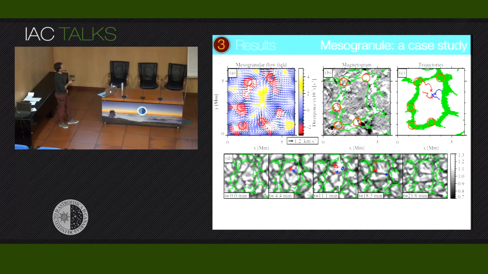This granule shows a darkening in the interior, and after some time, we see that it fragments into many different granules. So these fragments are moving towards the boundaries of the mesogranular lanes. And when we use local correlation tracking, we are tracking the proper motion of these granules. And it's why we observe these positive divergences there.